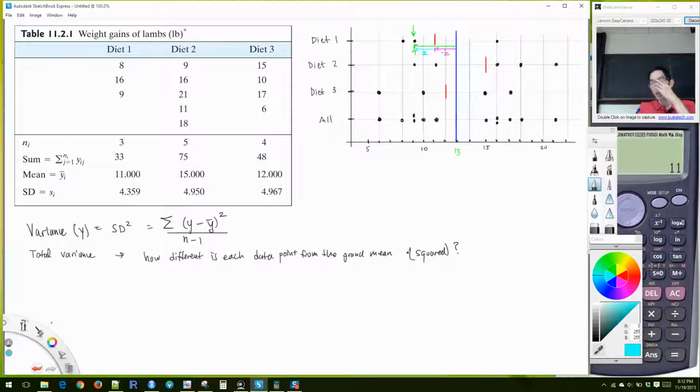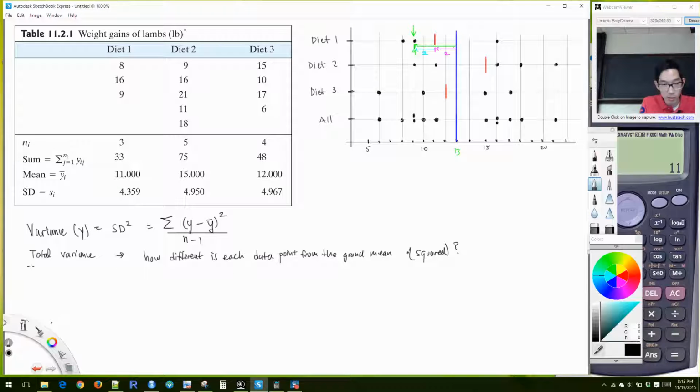And we're going to do this breaking apart for all of the data points. Looking only at the numerator part, we're going to deal with what we call the sum of squares.